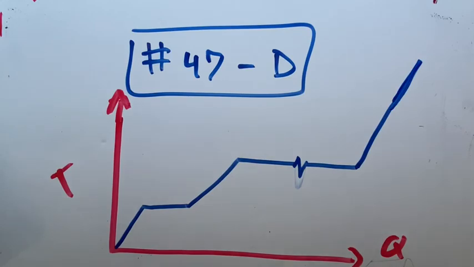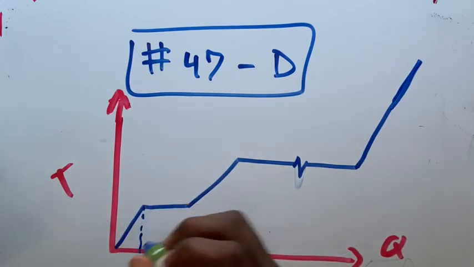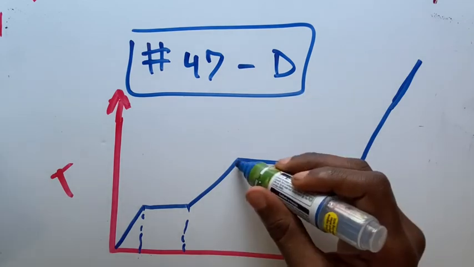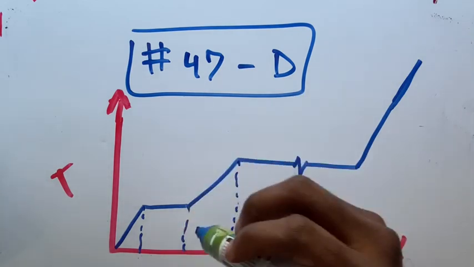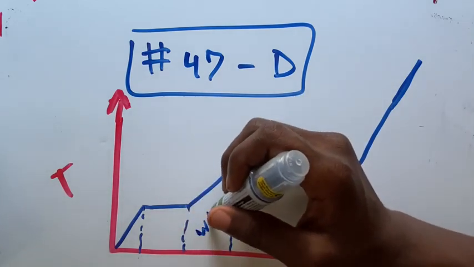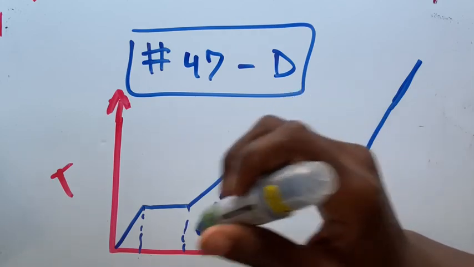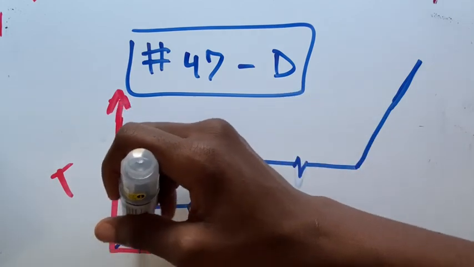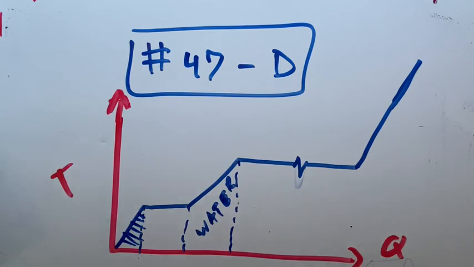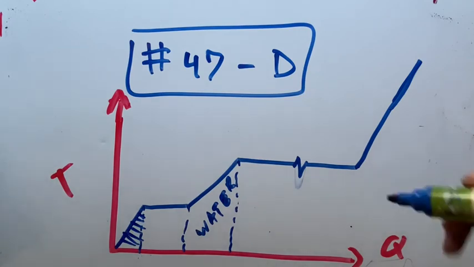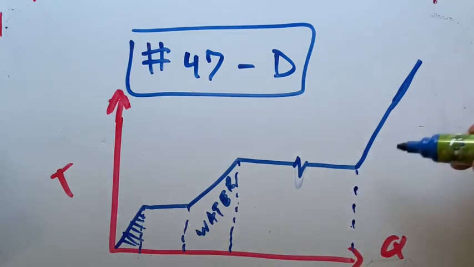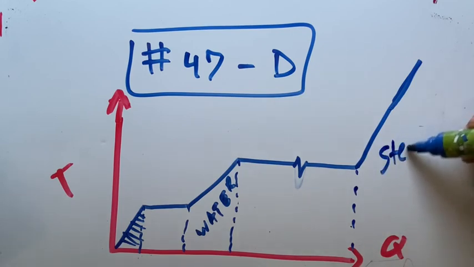Something like that, right? Where this region here is water. This region here is ice. And all this over here is steam.